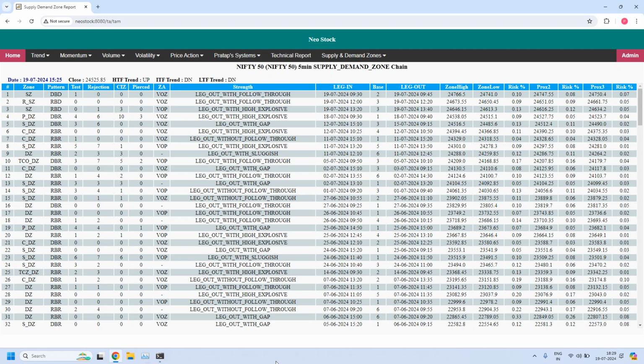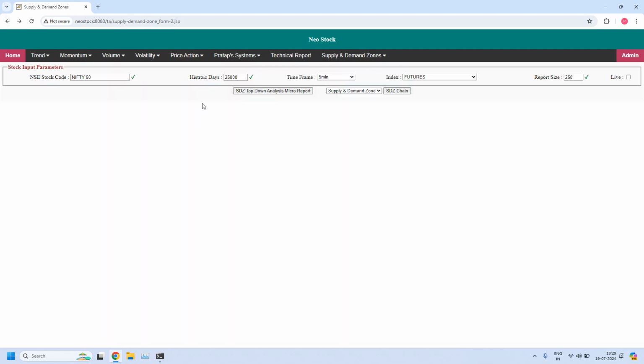The next report I am going to generate is BANKNIFTY. That is nothing but Nifty Bank. Let's start with monthly time frame. So I am generating the BANKNIFTY supply demand zone chain.